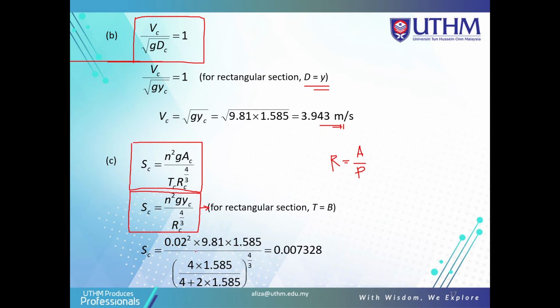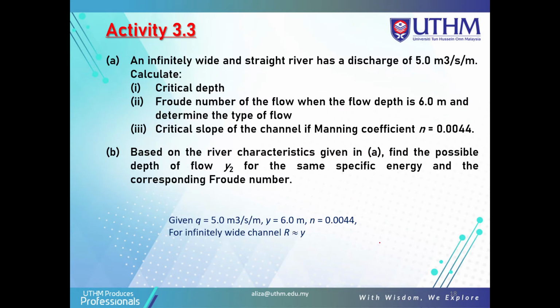We use the formula in chapter 1 to get R, R is equal to A over P. That's why you must put 2 here. We get the value of critical slope as 0.007328.